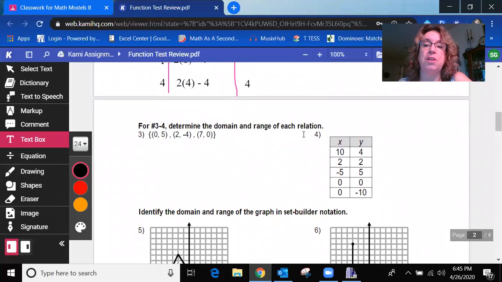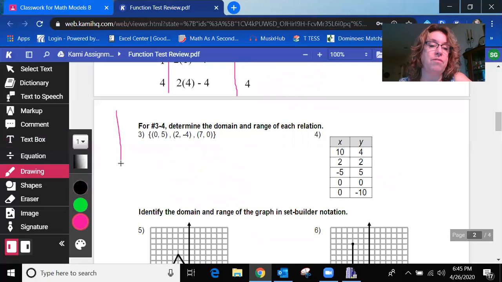Let's look at this one. Determine the domain and range of each relation. So are these discrete or continuous? How are we going to do that? Are we going to make a list, or are we going to write something out? Well, this is 3 ordered pairs, which means this is 3 dots on a graph. If I was going to, I could graph this here. 0, 5 would be up here. 1, 2, 3, 4, 5.